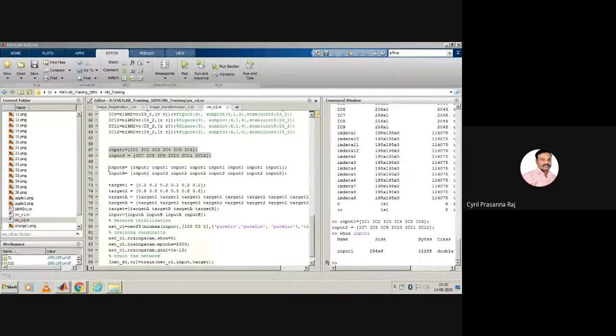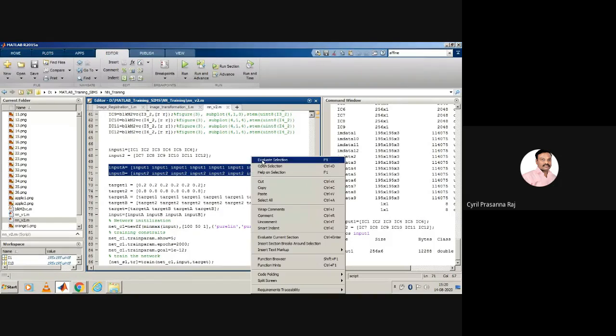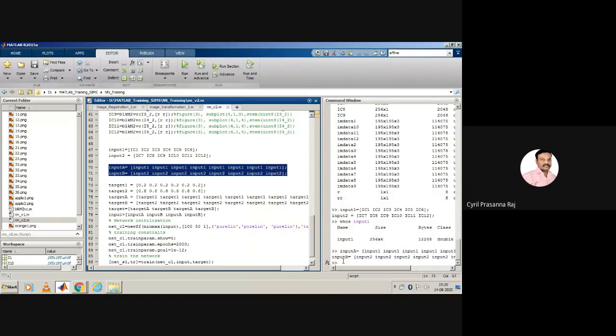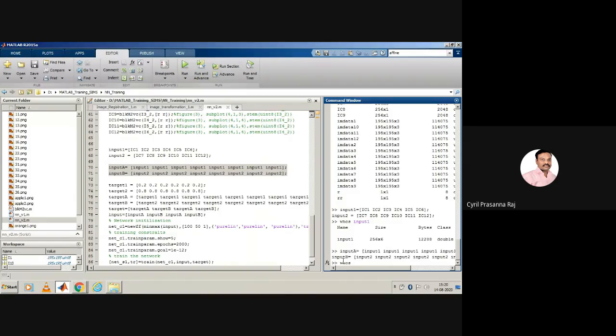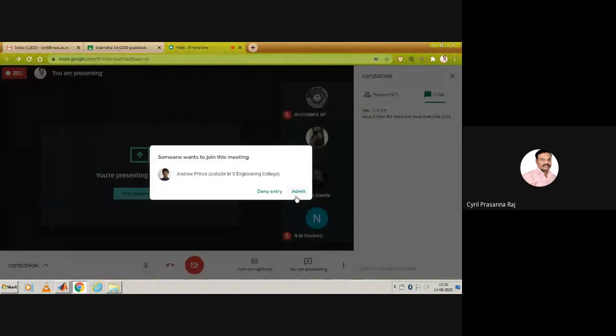So we start repeating this data by defining it as other variables called input A and input B. Now if you see input A and input B, it is 256 cross 48. That means there are 48 columns of ones that are available with us right now for all this process. Okay.